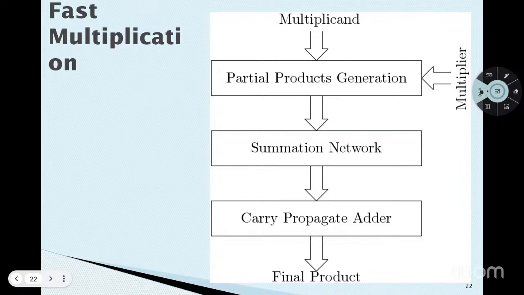Carry propagation అంటే ఏంటి? ఫస్ట్ 2 products యాడ్ చేసినా అక్కడ వచ్చే క్యారీ థర్డ్ ప్రోడక్ట్ యాడ్ చేసేటప్పుడు యాడ్ అవ్వాలి, అక్కడ వచ్చే క్యారీ ఫార్వర్డ్ టు నెక్స్ట్. That is the carry propagation network. Okay, then you will get the final product.